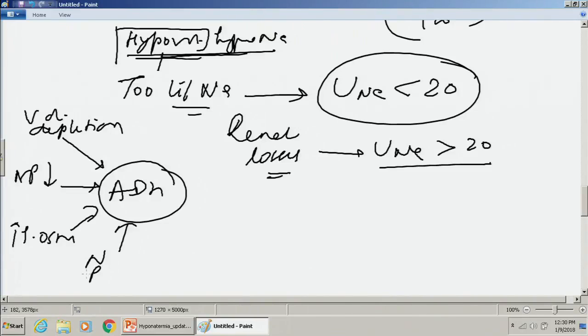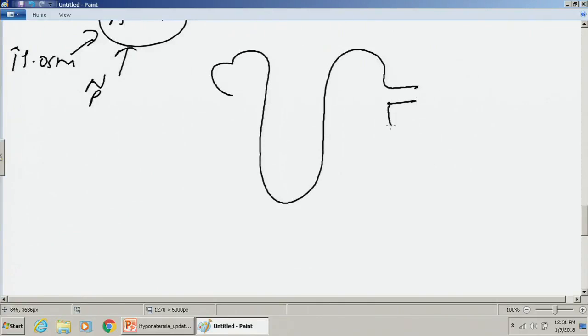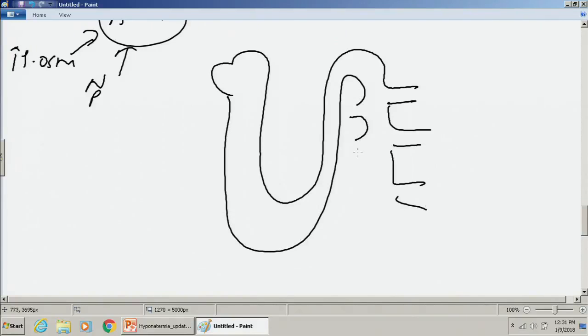Okay? So what does this ADH actually do? If you look at the kidney, it became like a heart. I don't know why. That's okay. But you guys know it's a nephron. So what ADH does is, it goes to the distal collecting tubule and it opens the water channels. We call them aquaporins. Once these water channels are open, it's not an active pump.